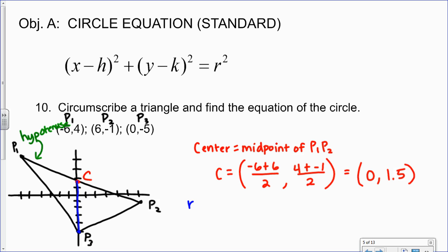So my radius is going to be the distance C to P3, or C to P1, or C to P2. I'm just checking P3 because the vertical distance will be the easiest.